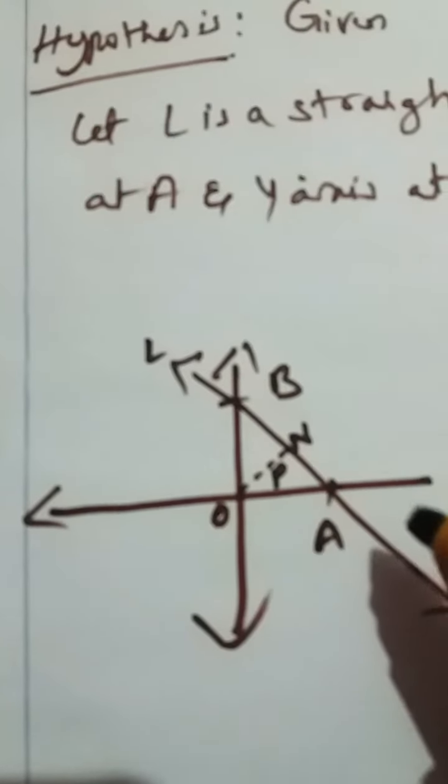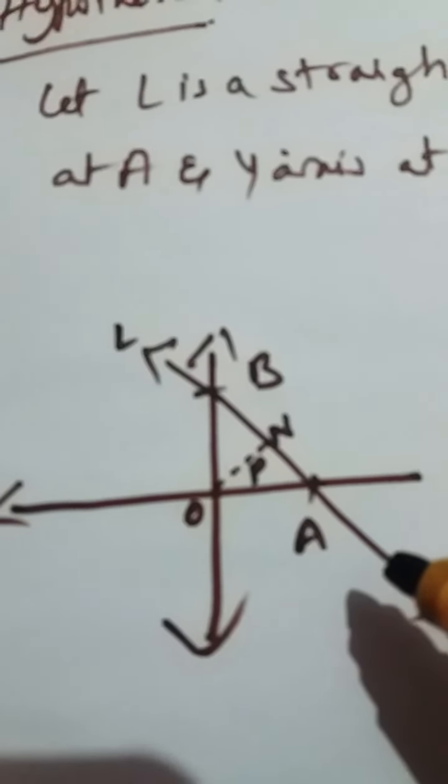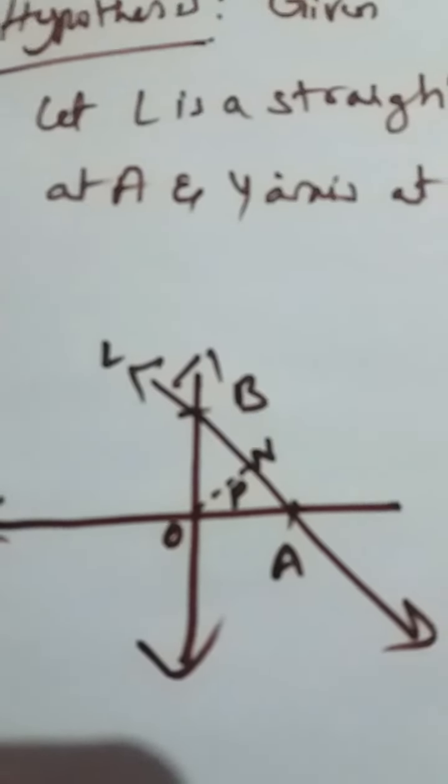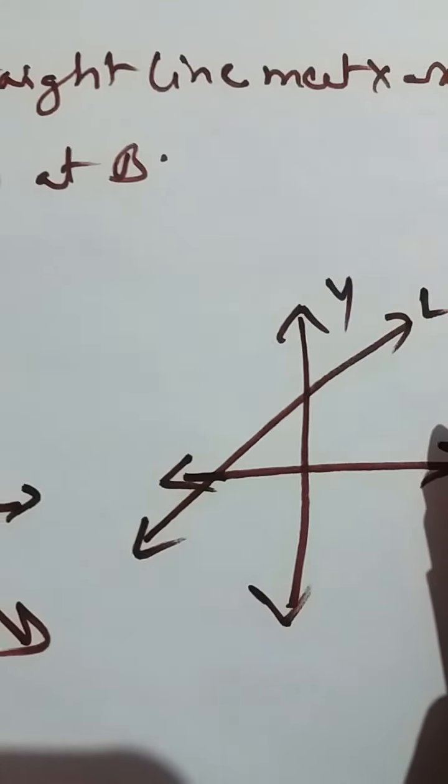Here line L is lying in the first quadrant. L may lie in the second, third or fourth quadrant also. So, I will draw line L in the second quadrant. You observe here, it is the x-axis, y-axis. Line L I will draw in the second quadrant.